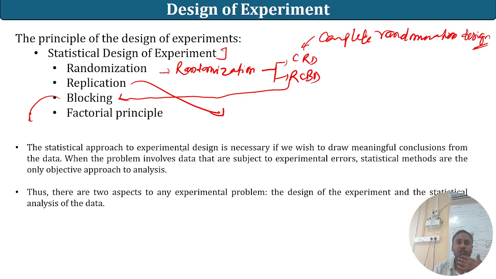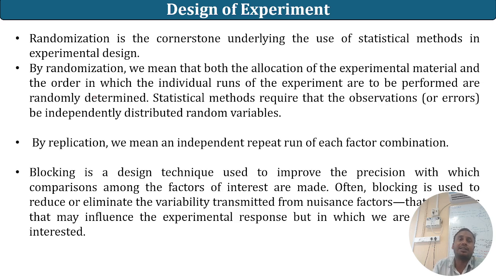The statistical approach to experiment design is needed when we want to draw a meaningful conclusion, since the data involves error, and in that we can do the analysis. Randomization is a cornerstone underlying the use of statistical methods. By it we mean that both the allocation of the experimental material and the order in which the experimental runs are performed are randomly determined.